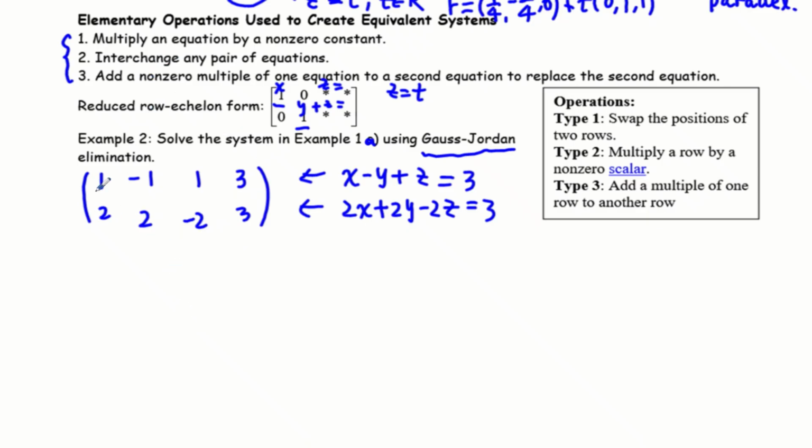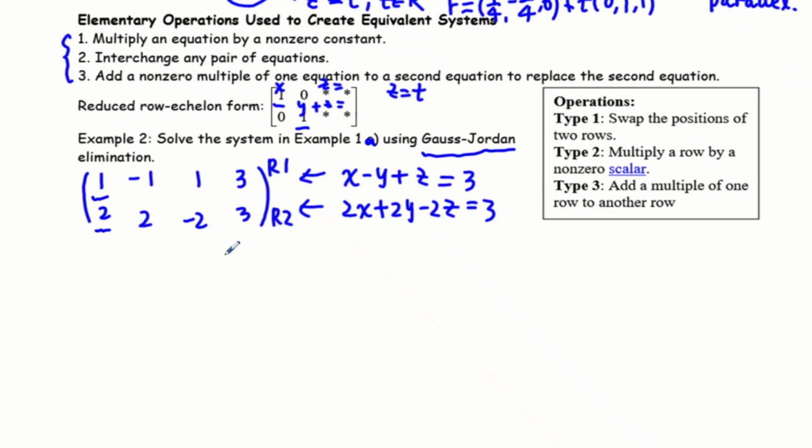And also we could multiply a row by a number, then add it to another row. So now the first one is 1 already. It's good. We want to change this one to 0. So we call this row 1, row 2.